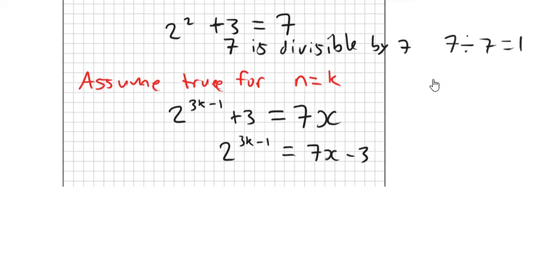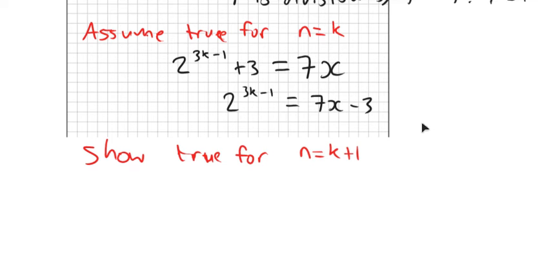So I'm going to show it's true for n equals k plus 1. So I'm going to put a k plus 1 in instead. So 2 to the power of 3 times k plus 1, minus 1, and then plus 3.